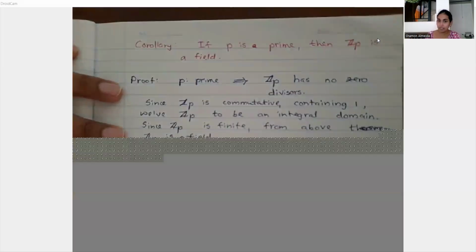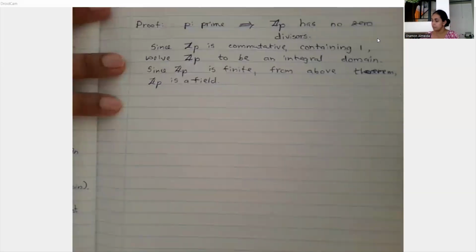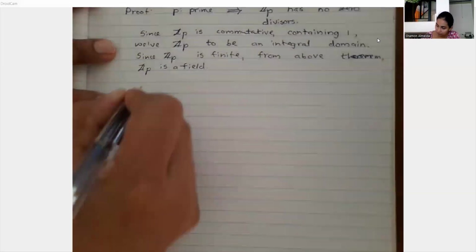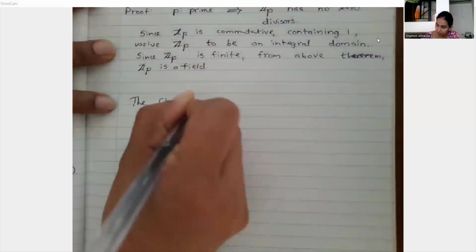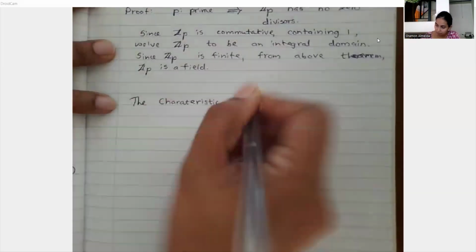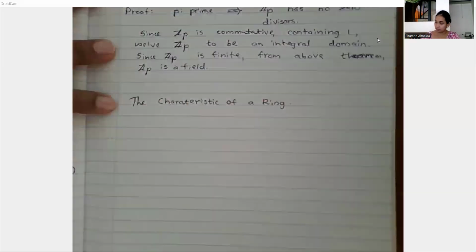Today, we will start by defining the characteristic of a ring. Characteristic of a ring. Okay. Let me first write down the definition.